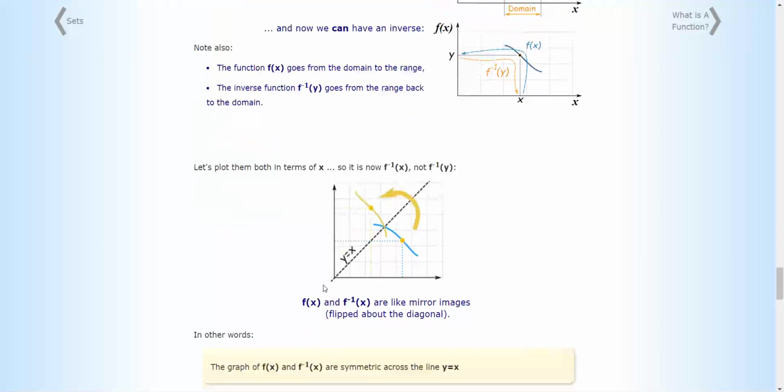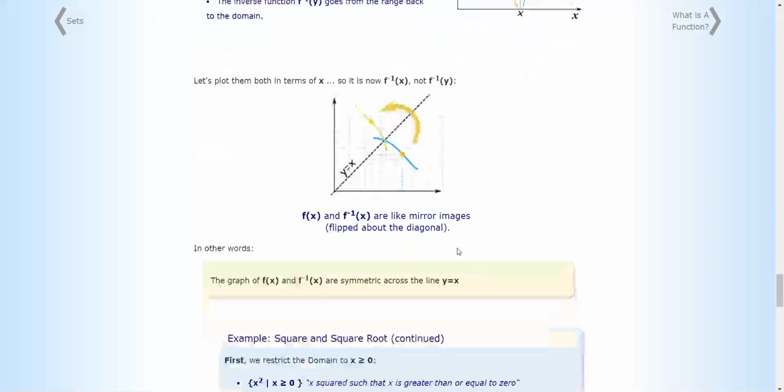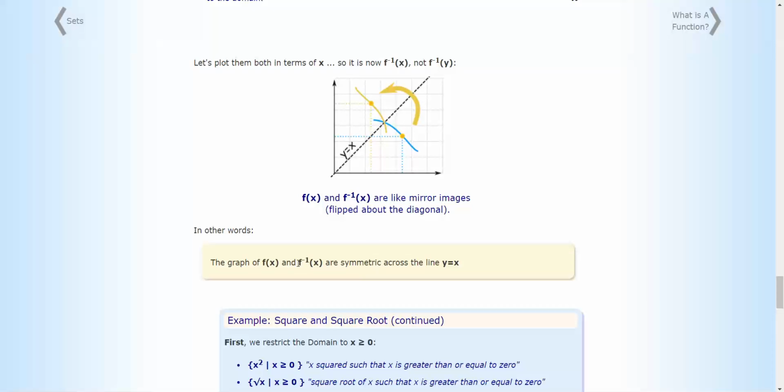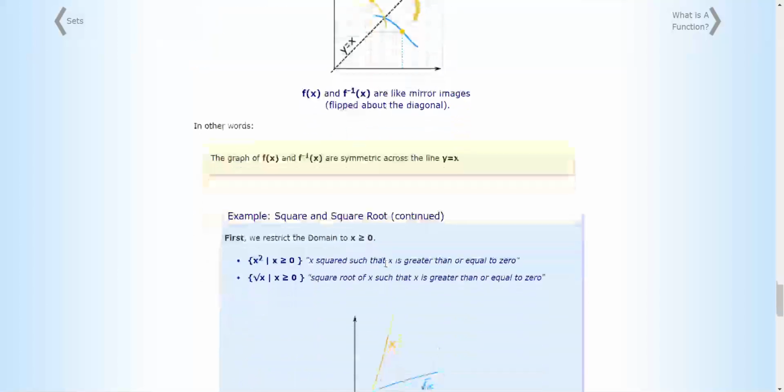F of x and f inverse of x are like mirror images flipped about the diagonal. So if you equate y to x, this is what you end up getting. The graphs of f of x and f inverse of x are symmetric across the line y equals x.